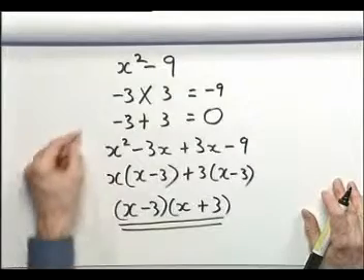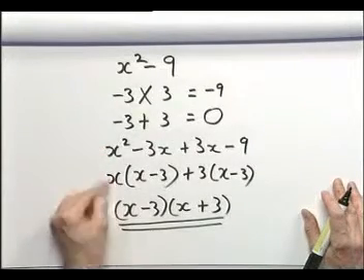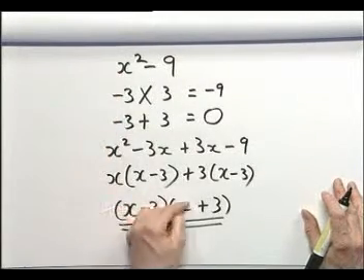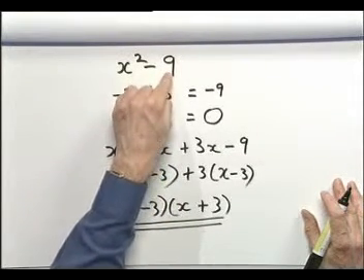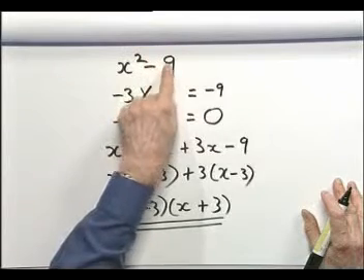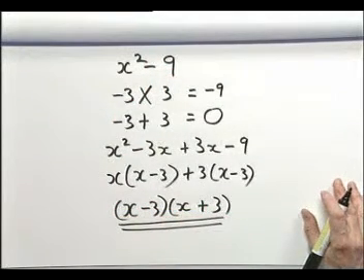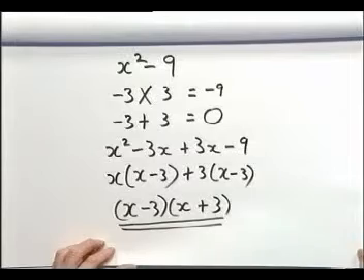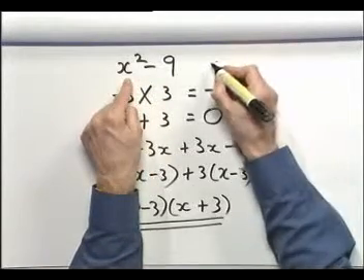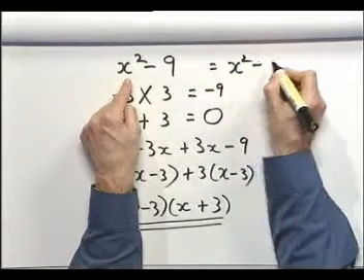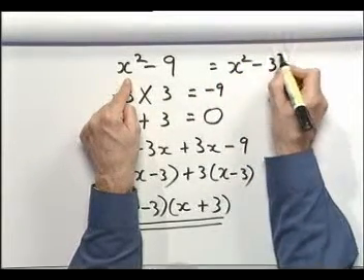Well, if we compare this with this, not only is this x squared that we get from x times x, but this 9, forgetting the minus sign for a moment, is 3 squared, 3 times 3. So in fact, this expression could be rewritten as x squared minus 3 squared.